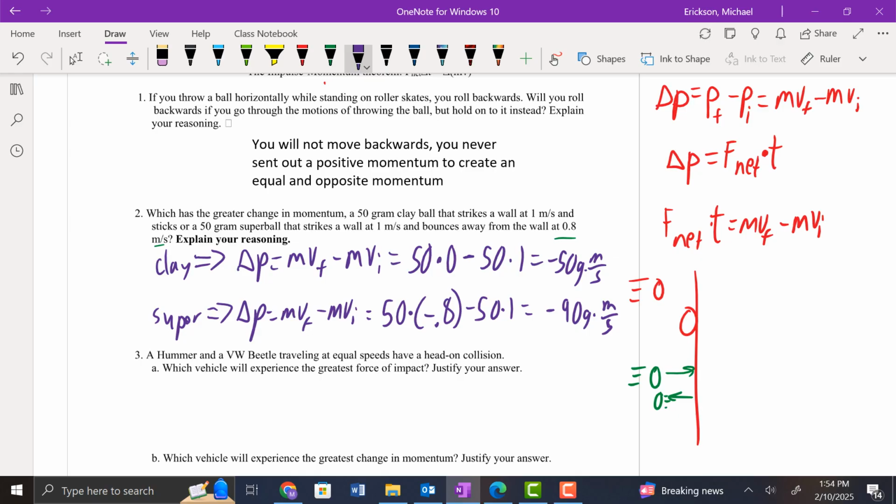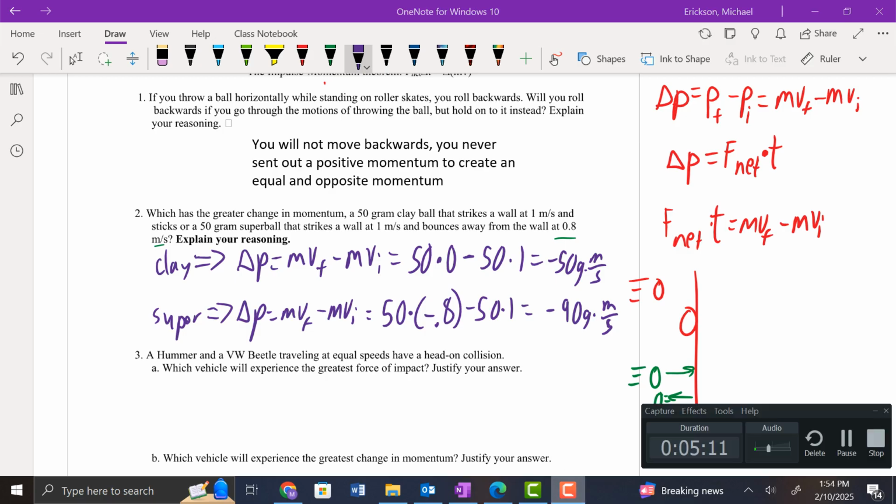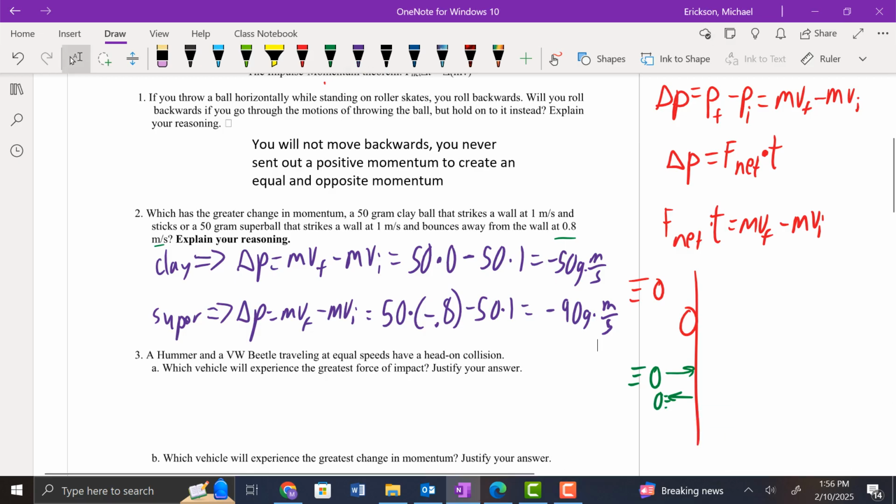And I think it makes sense if you think you need so much energy to stop an object. In the second scenario, the super ball had to reverse direction as well. So not only did it stop it, it also had to push it the other way. So that's why this has ended up in this situation.